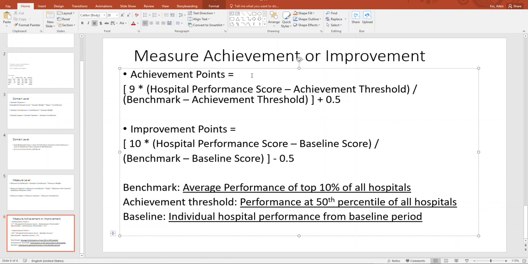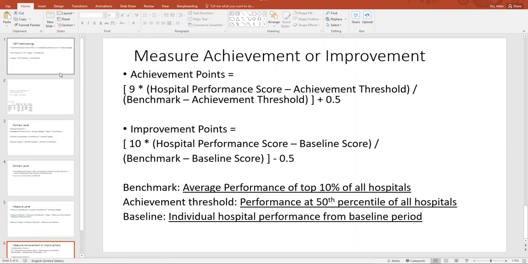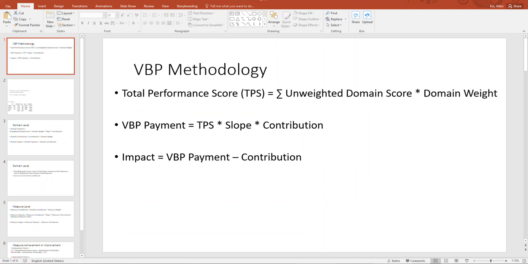So achievement points check if you are better than the top 10% of hospitals. The improvement points compare the 50th percentile and the baseline period. So basically you're comparing with either yourself or with other hospitals. Now moving backward all the way from the bottom to the top, you can calculate your overall income for your entire hospital.